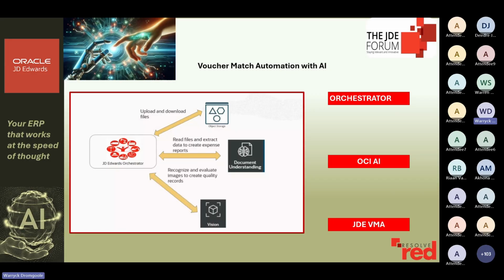So, if we combine the JDE Orchestrator to automate processes like checks and sending of the invoice to OCI, and combine that with the Oracle AI to extract the information from the supplier invoice and return those values into the JDE VMA process, we create an automation process that creates your supplier invoices in the accounts payable module.